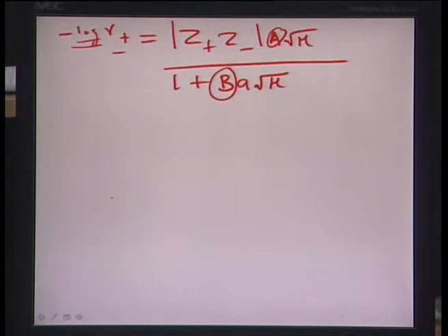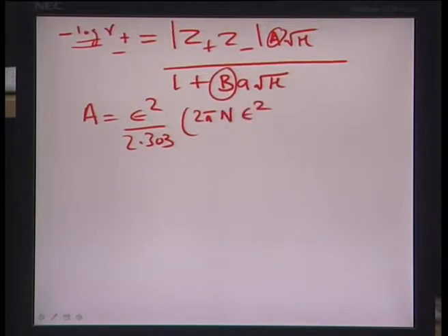So, 1 by 2.303 ln value. Essentially A here is nothing but e square by 2.303, and I am just simplifying and writing it down, by 2 pi N epsilon square by 1000 kT. This is just by simplification that you can represent this particular form with 1 plus B times a root mu, and here z I square times a times root of mu.